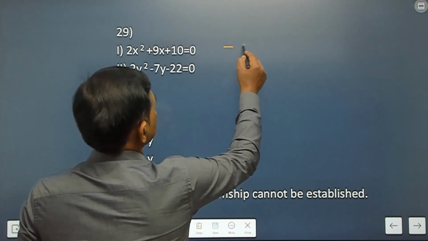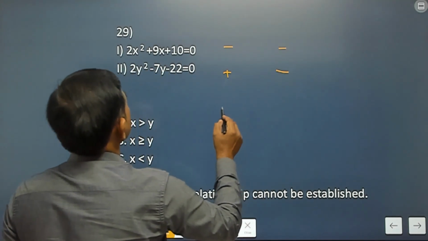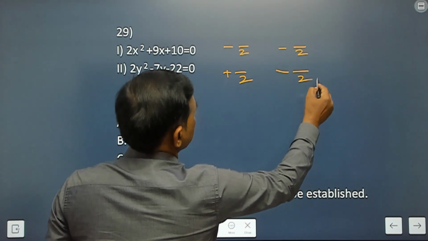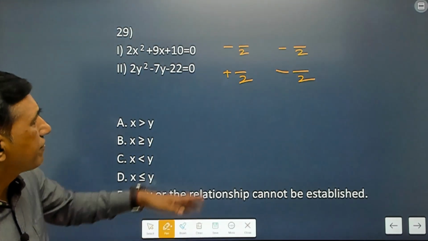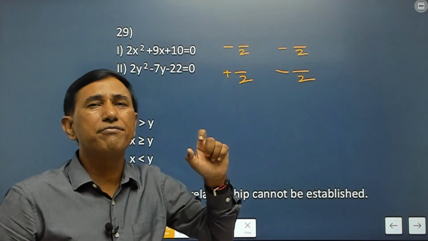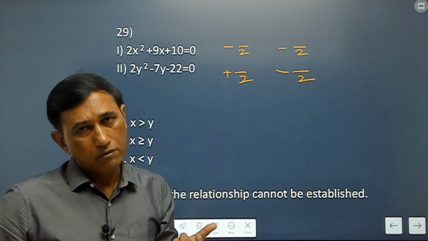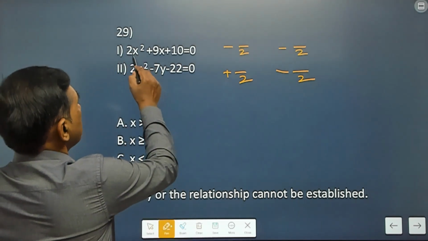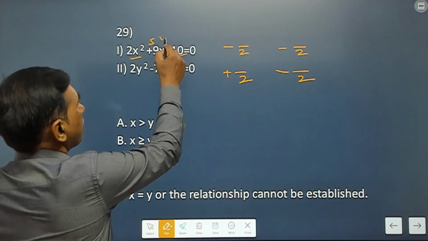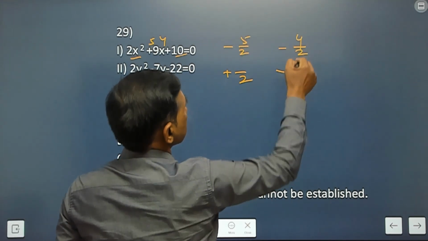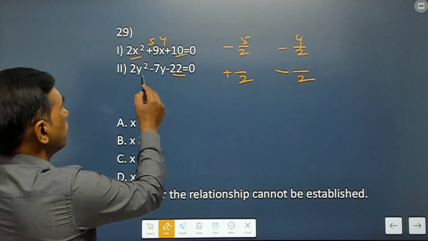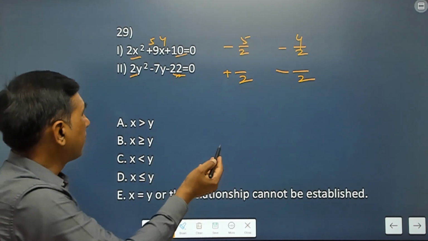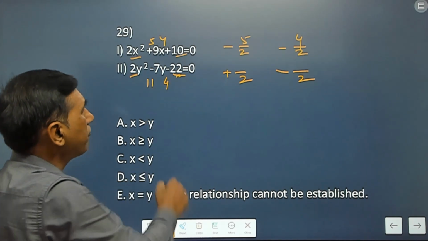Plus plus, minus minus, plus minus. Divide by 2, divide by 2, divide by 2, divide by 2. If you write it beforehand, chances of missing it will be very less. So chances of mistake will be very less. 2 times are 20, so it has to be 5 and 4. 22, 2s are 44, and since it is multiple of 11, one number has to be 11, so another one will be 4.